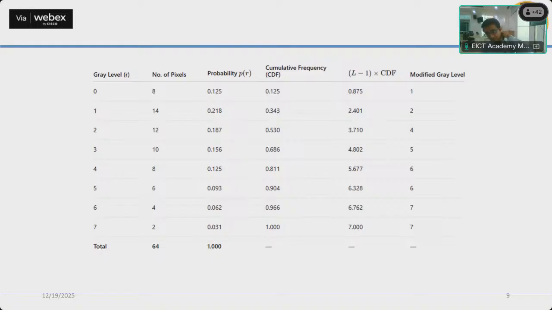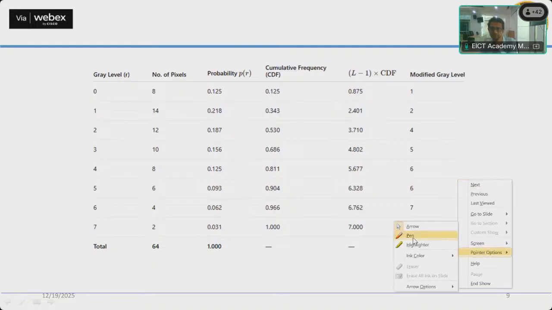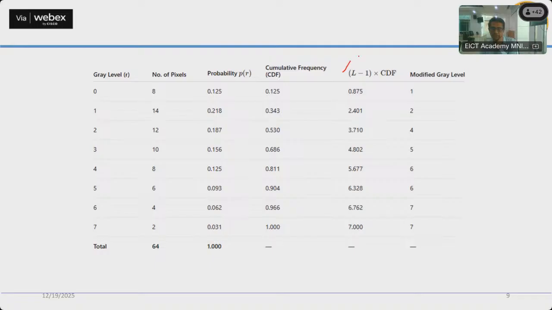This is capital L minus 1, where capital L minus 1 is 7, and it is multiplied and we are able to calculate this. 1 into L minus 1, 7, it is given. So this is the modified gray level.